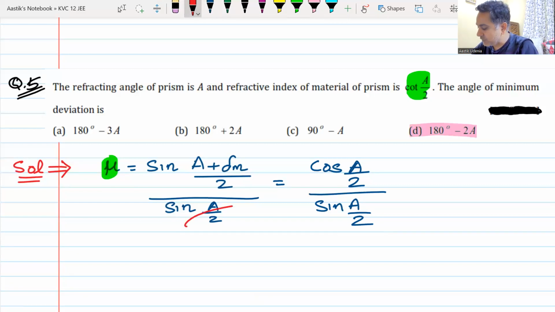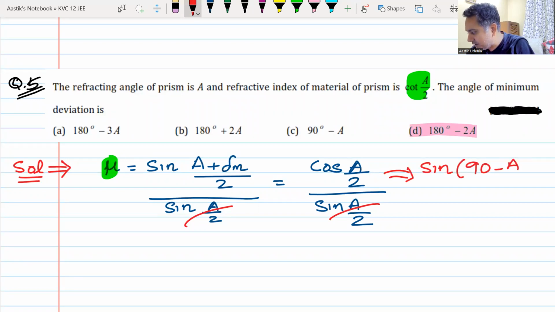Now sine of A by 2 can be cancelled because it is not 0. So now I have a very simple mathematical equation. Remember, here physics finishes in one step. In one step, physics finishes. The rest is all math. Cos of A by 2 can be written as sine of 90 minus A by 2.